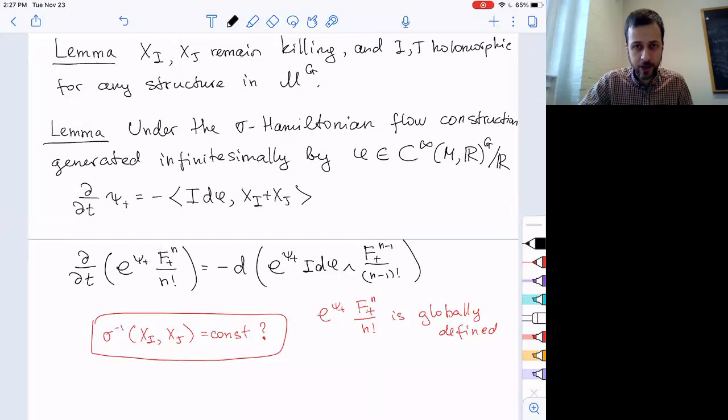So we have these variation formulas along the flow construction, so we see how volume forms change.